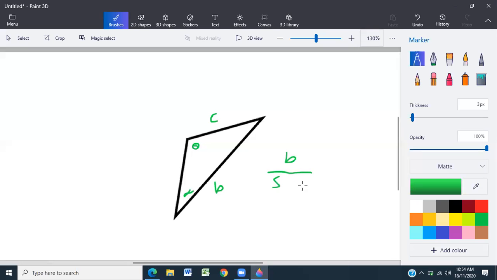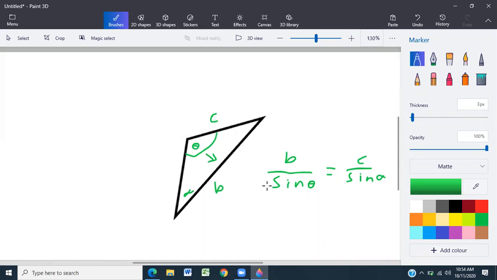the ratio of that is equal to side C divided by sine of the angle which creates the other side, like this, right? So we take this angle and we look at what side it creates, or the side opposite the angle, right? And we create the little ratio of it.